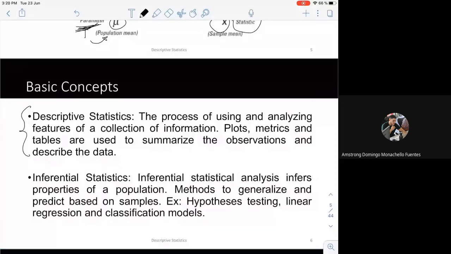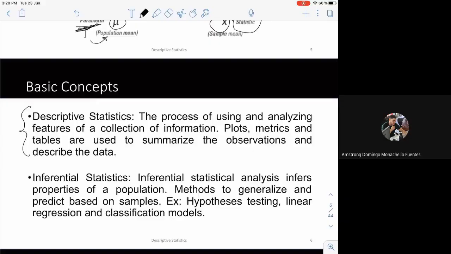Let's say that we're given some data, like a big table, maybe 10,000 rows or more, like 100,000 rows and several columns. It is impossible for us as human beings to analyze that information just by looking at 100,000 rows. So we need to summarize that data.